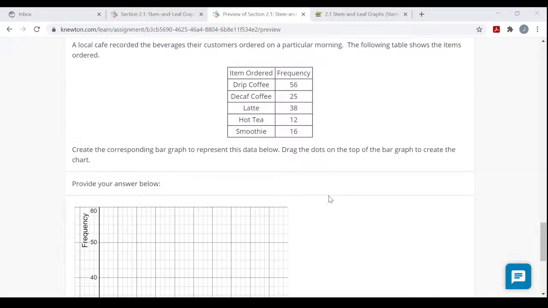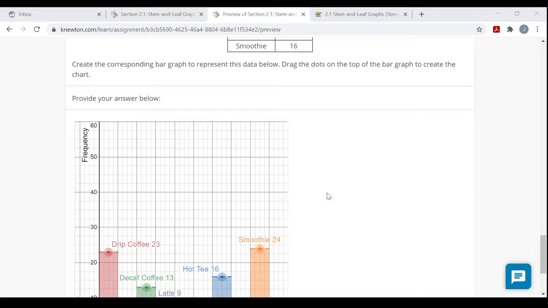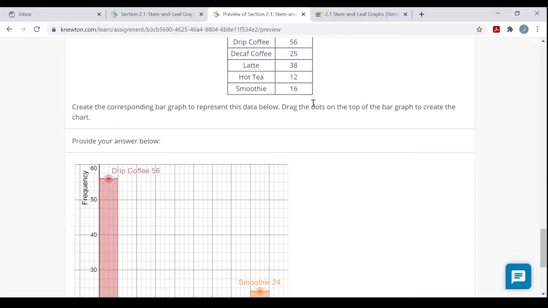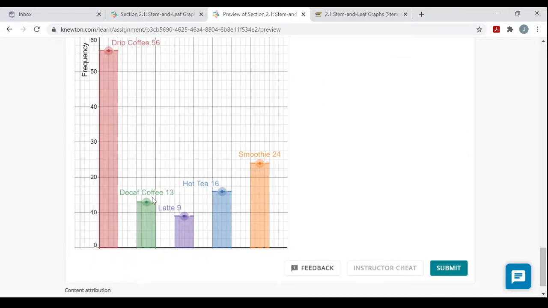But like last time, this is one of those drag the dots interactive ones. So drip coffee 56, and just as before, it's pretty sensitive. 56. There we go. Stop. Great. All right. And then decaf 25.